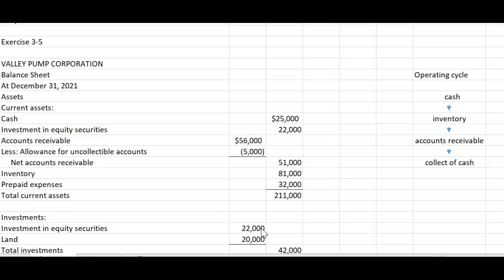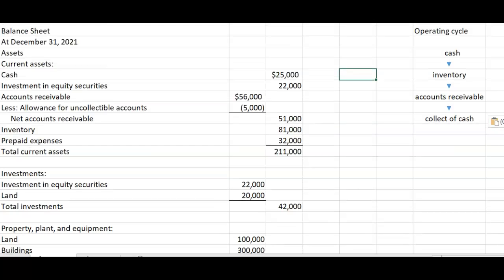Interest payable we'll go over with the balance sheet. On the asset side, land, they told us, is $120,000, and in the additional information they told us that $20,000 of the $120,000 was land held for speculation.